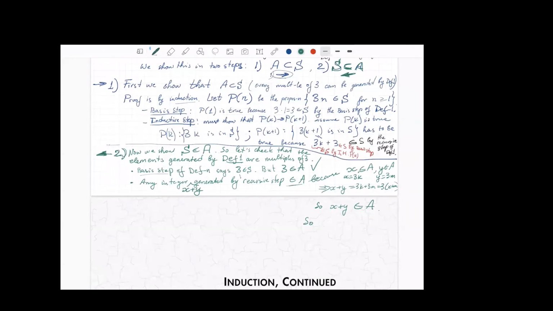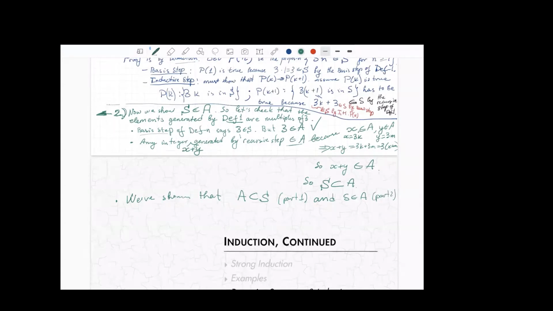So we conclude that S belongs to A. So finally, we've shown that A is in S, by part 1, and S is in A by part 2.